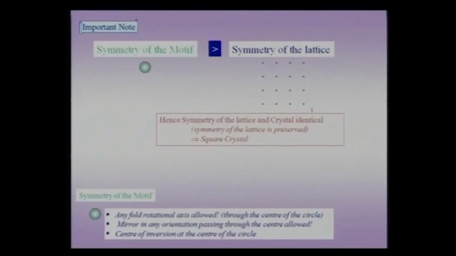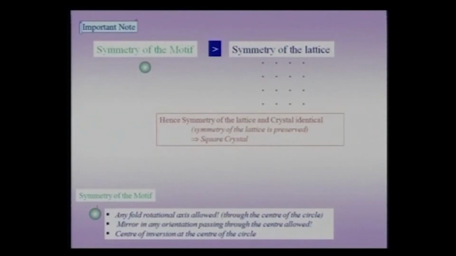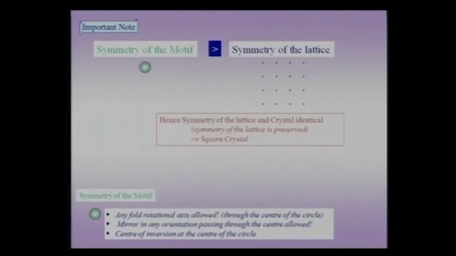Now, what is the symmetry of the motif we are talking about here? Here we are talking particularly only about the symmetry of the circle motif, not of the lattice, not of the crystal, nor of the unit cell which we have considered. We see that for this motif, any fold rotational axis is allowed, which of course has to pass through the center of the circle.